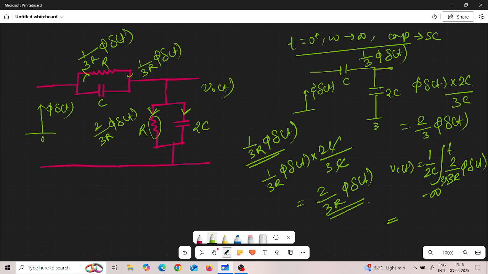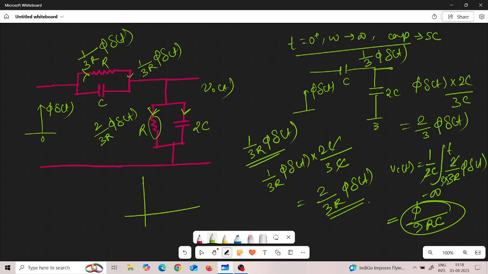Here the 2 will cancel out, so the value of the voltage will be Φ by 9RC. This is the amount of voltage that will be created across this capacitor.